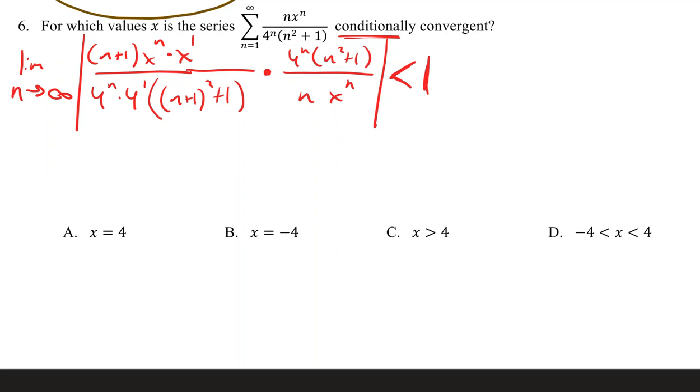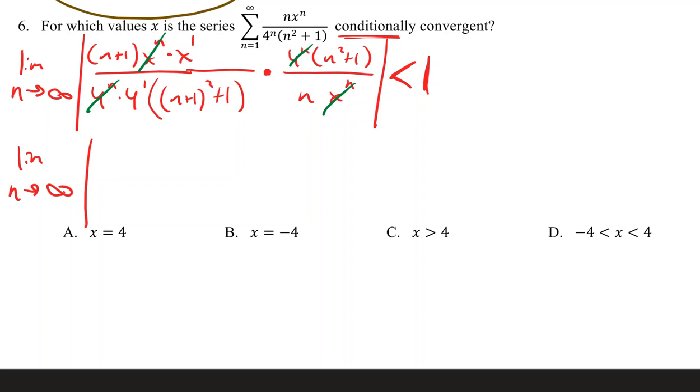Now, since I've already split apart stuff with my exponents, I can get quite a bit of stuff to cancel out. X to the n's cancel. We've got a 4 to the n that would cancel. And then we've got a bunch of other stuff. Now, again, I know you guys are just coming back from break, so this is a little rustier.